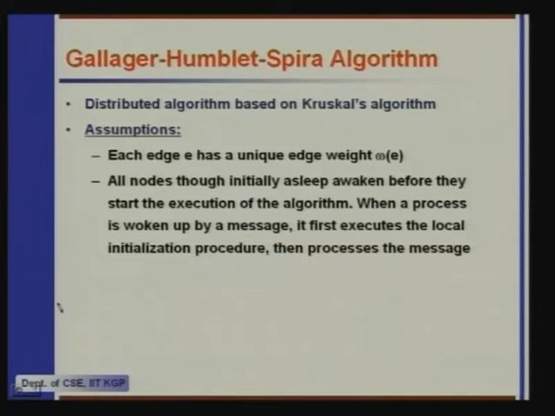The algorithm is called Gallagher-Humblet-Spira algorithm. It is a distributed algorithm based on the philosophy of Kruskal's algorithm. There are certain assumptions that we make in this algorithm, namely that each edge E has a unique edge weight WE. So, all edges have unique weight. All nodes, though initially asleep, awaken before they start the execution of the algorithm, and the awakening can take place by a message from some neighbor.